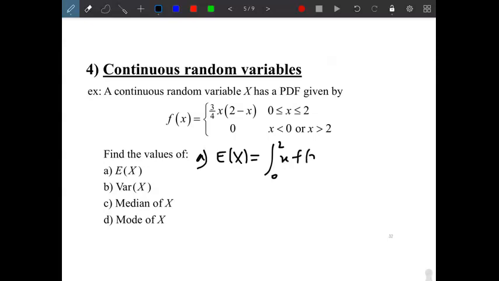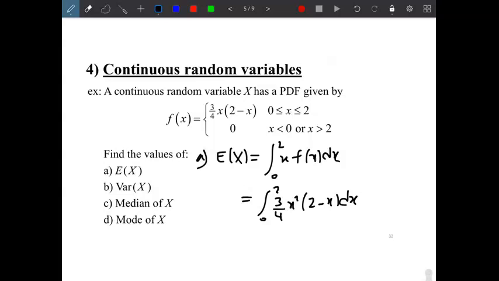So f of x over 0, 2, we just multiply it by x to become 3 over 4 x squared times 2 minus x dx. Of course, over here, if you're dealing with a paper where your GDC is allowed, you can immediately evaluate this integral using your GDC.